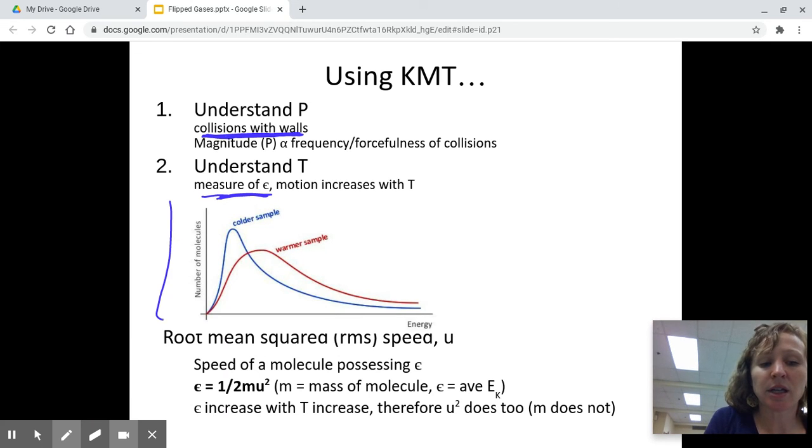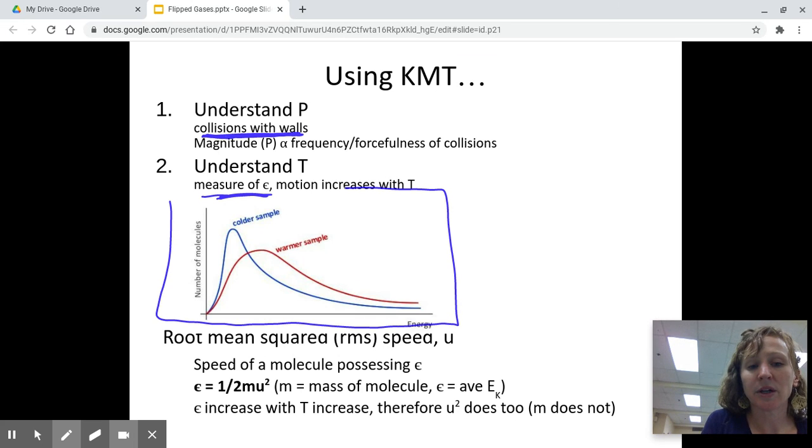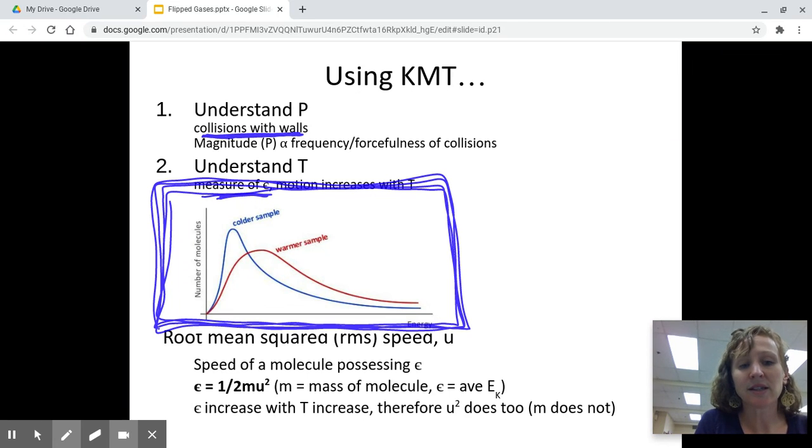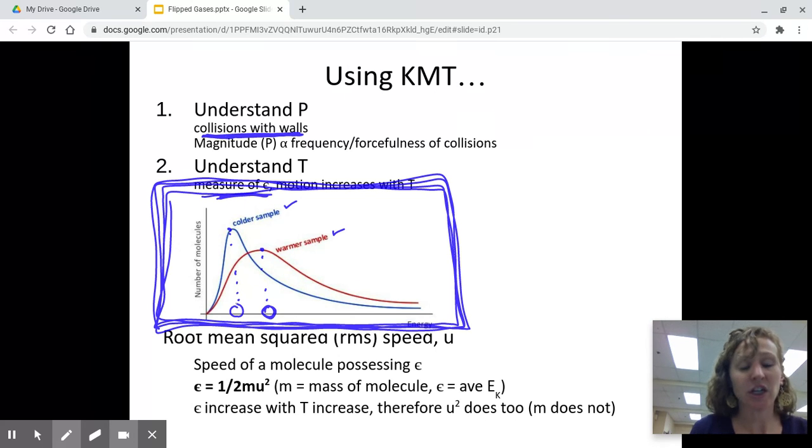This is a pretty important graph. This one shows up a lot on the test. What you can observe off of this graph is the difference between a cooler sample and a warmer sample. A warmer sample has a higher average kinetic energy. A colder sample has a lower average kinetic energy.